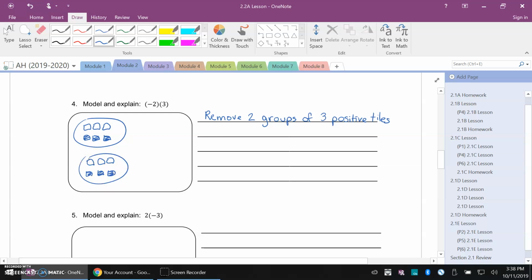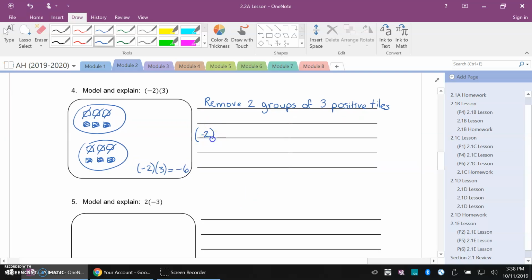Well, how did it go? How does your picture look? If we remove 2 groups of 3 positive tiles, all we're left with are the negative tiles. So negative 2 times 3 gives you negative 6.